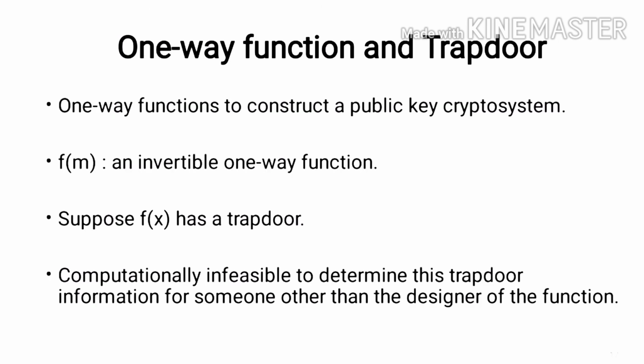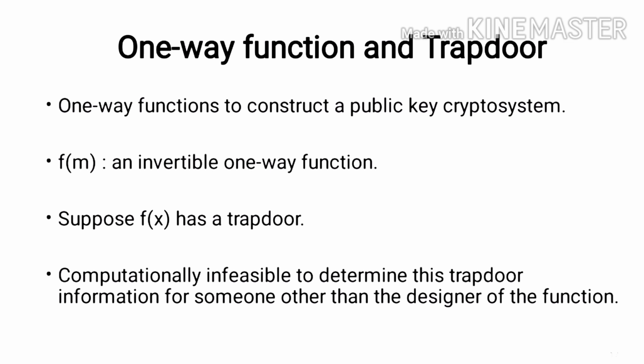It is possible to use one-way functions with certain properties to construct a public key crypto system. Let f of x be an invertible one-way function. This means f of x is easy to compute, but given y, it is computationally infeasible to find the unique value of x such that y equals f of x.